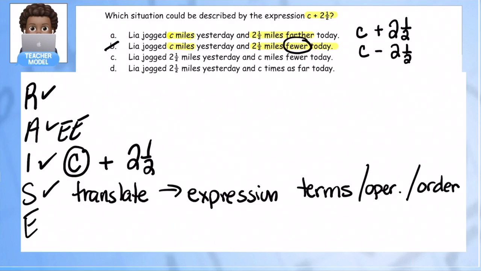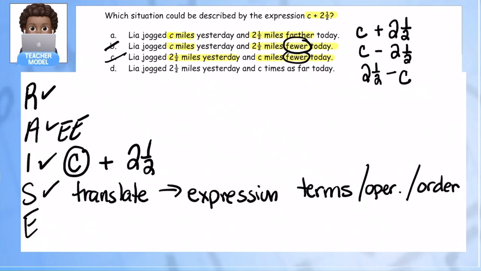All right, Leah jogged 2.5 miles yesterday and c miles fewer today. So automatically just with the fewer, I know that that's going to be a reason this doesn't match. The terms are right, 2.5, but it's fewer miles. So she did some number fewer today. So the order is off and the operation is off.